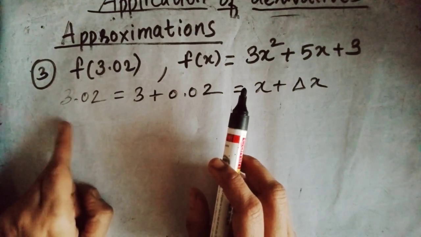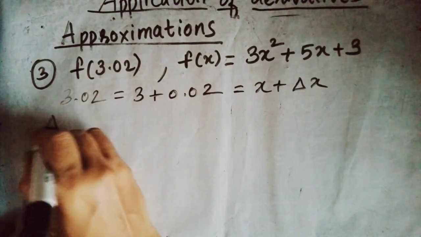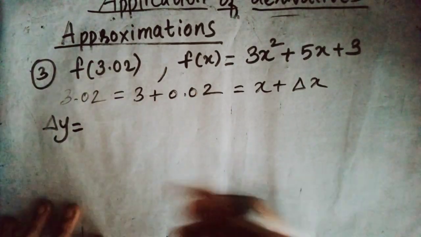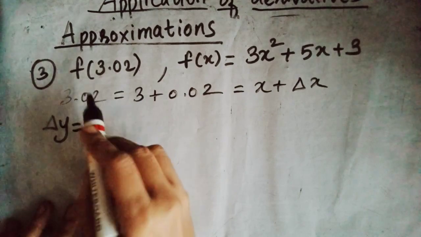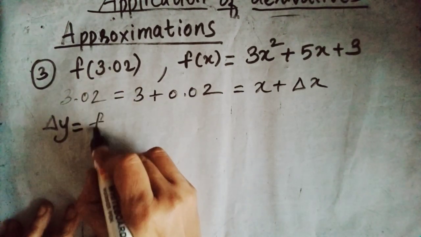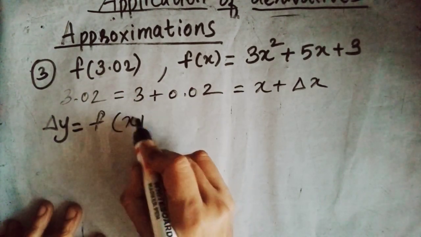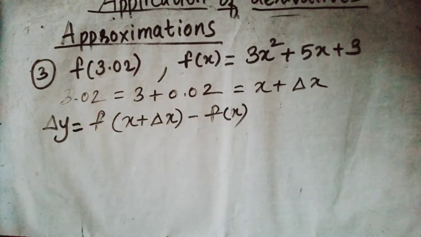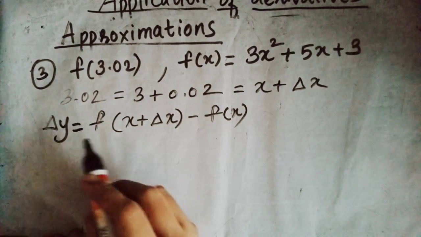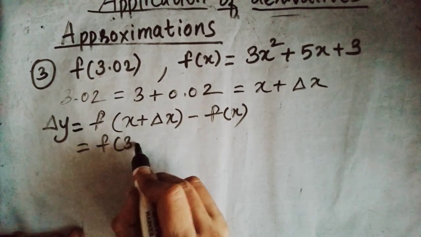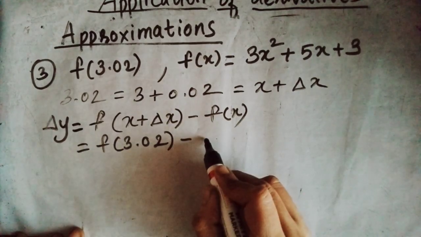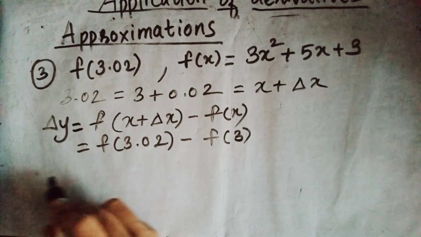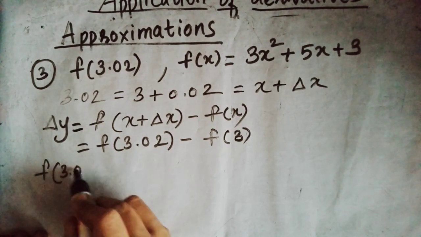Now we'll write the delta y. So delta y is change in y, right? So with respect to f you have to write: f of x plus delta x minus f of x. So this will be f of 3.02 minus f of x, which is f of 3. So we need f of 3.02.